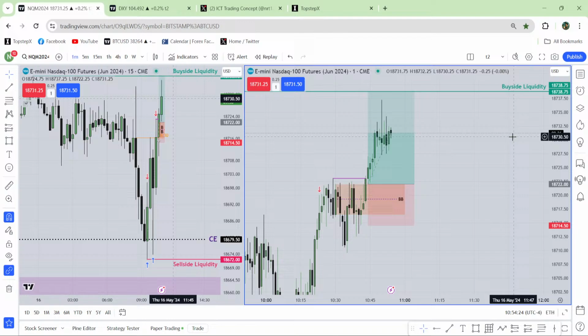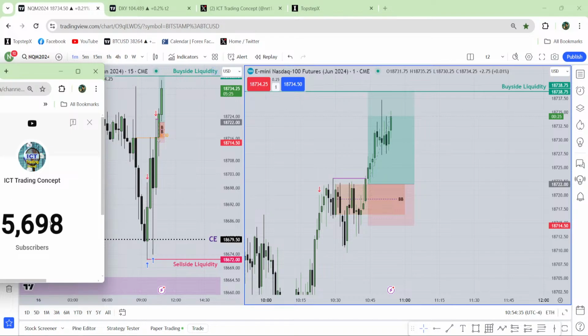I can't see it. Oh, okay. 5698 to 5700. You are talking about this thing. I got you now, man. There is a volume imbalance, I guess. That volume imbalance should be filled by body, and then the market will hit 5700.